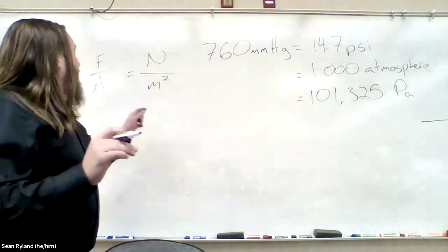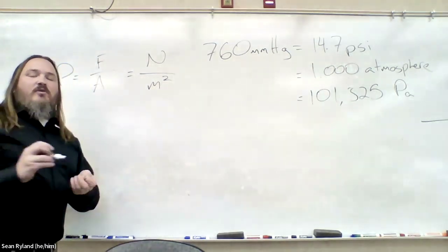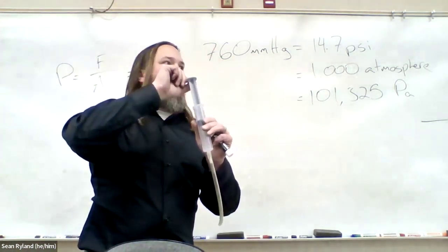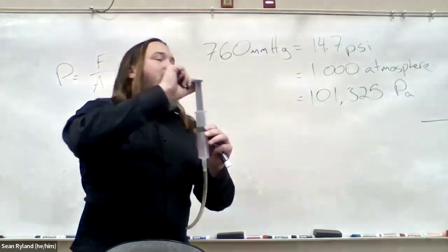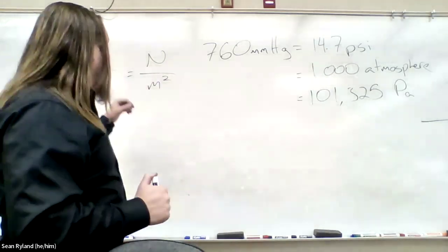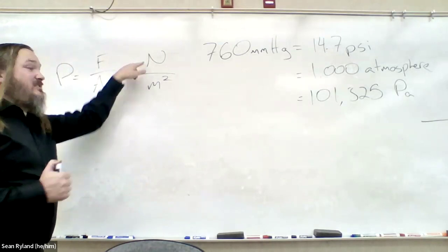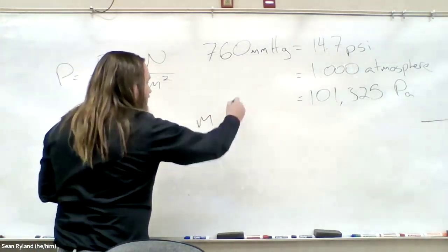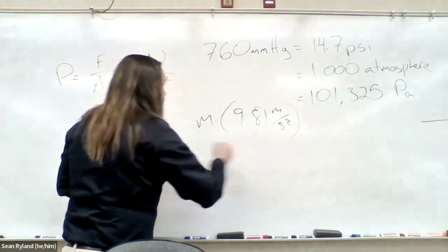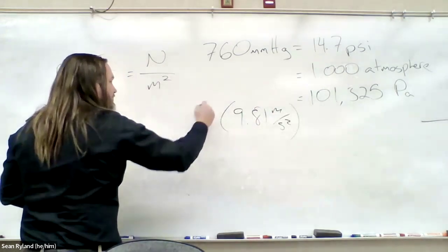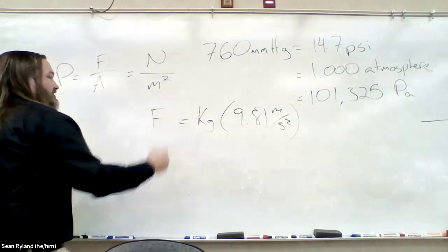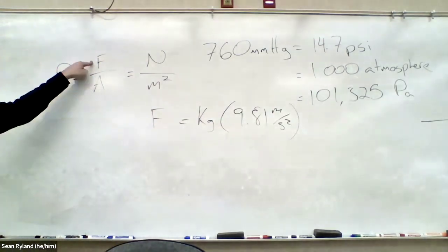What matters is that if we want to calculate the force that we added by pushing down on this, if we know how heavy the object was in kilograms, and we know what the acceleration due to gravity is, we can actually calculate newtons by just taking the mass of our object times the acceleration due to gravity, which is 9.81 meters per second squared. So kilograms of your object times 9.81 meters per second squared is your force that's going to go into this.